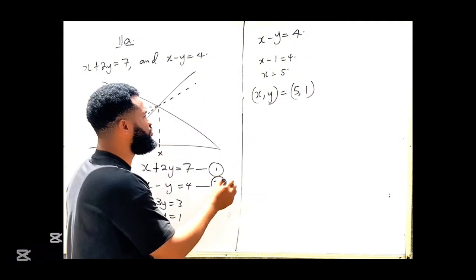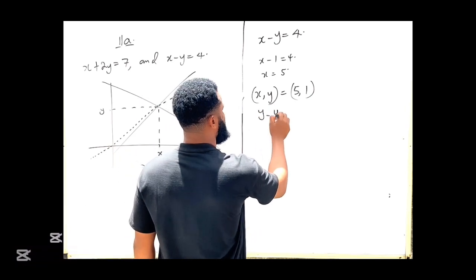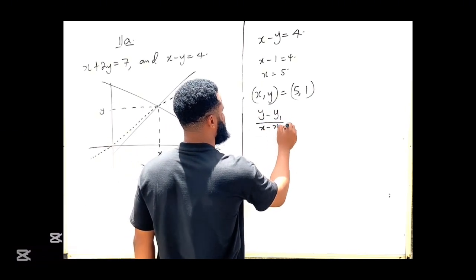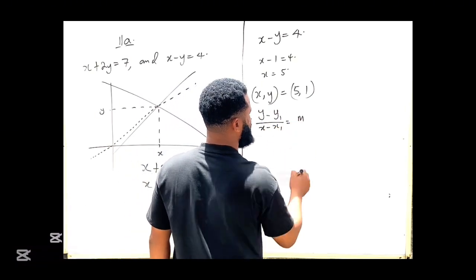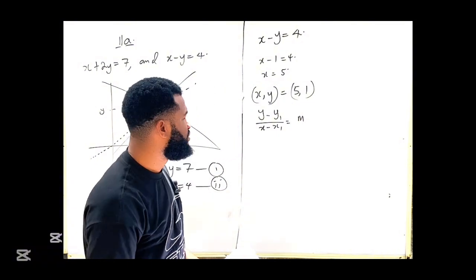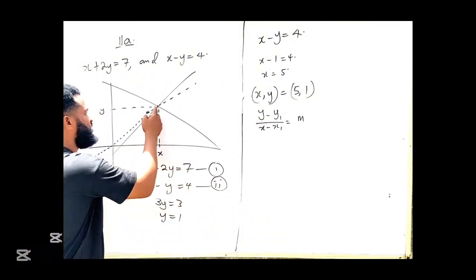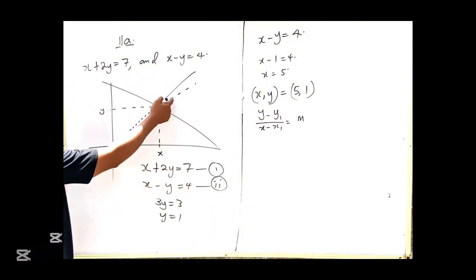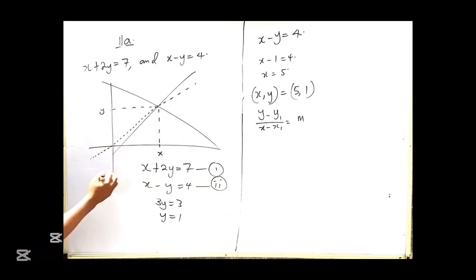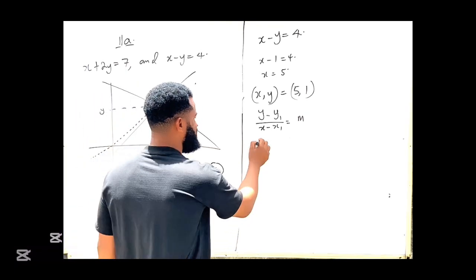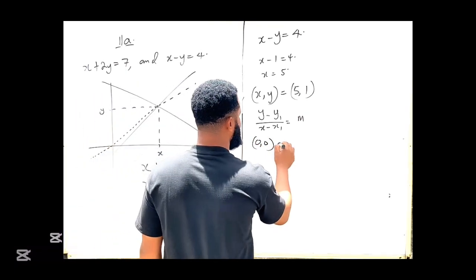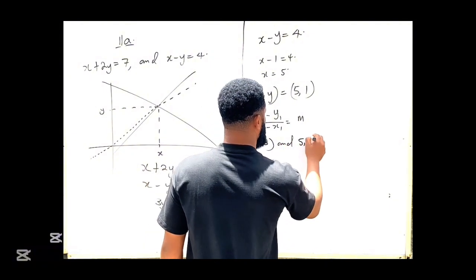I'm going to use the equation y minus y1 all over x minus x1 is equal to m. What is m? m is the slope. How do I find the slope of this line? This particular line, which I drew as a dotted line, has two coordinates, 0, 0, and 5, 1.